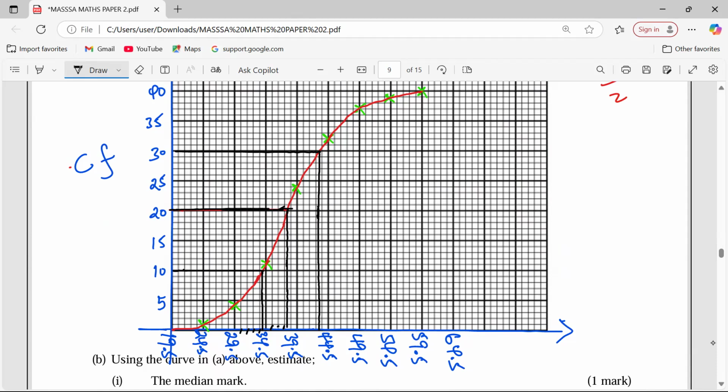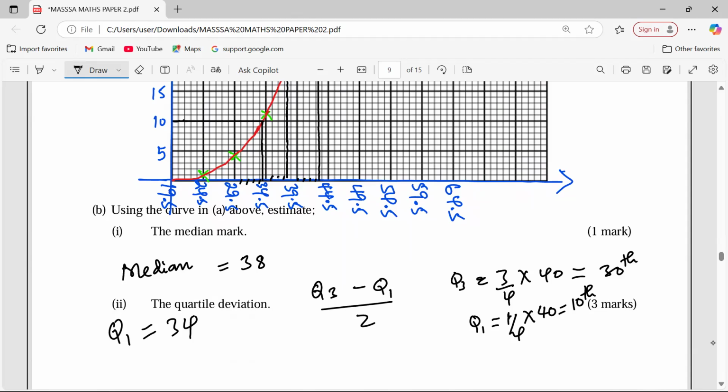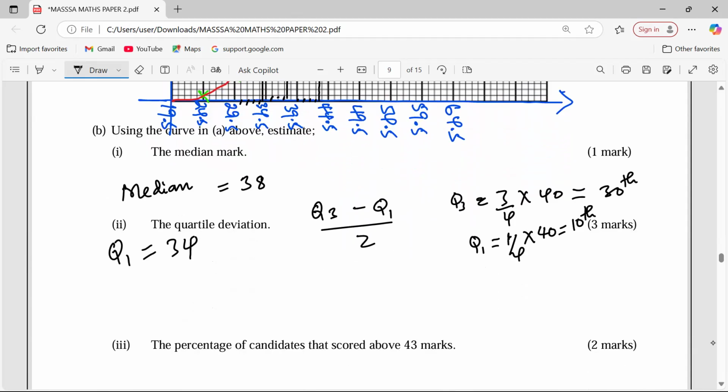So what are we having here? From 39.5, this is 40.5, 41, 42.5, then at 42.5, we add half. 42.5 plus half, so we get 43. So Q3 now equals 43.